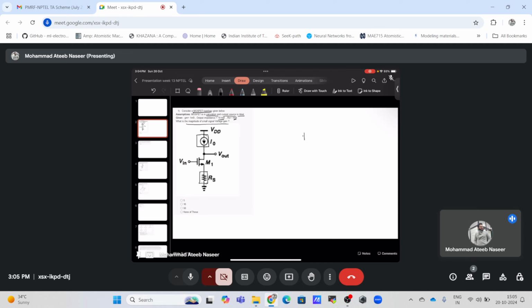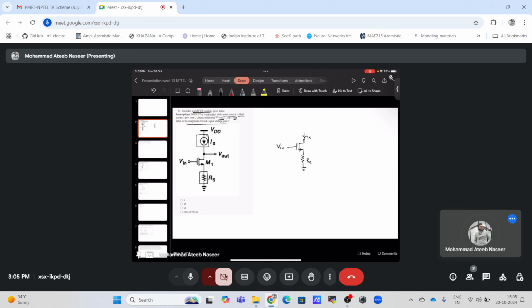Likewise, we replaced the DC voltage source with ground, and similarly the current source is replaced by an open circuit. There is this source resistance RS which is attached to the source side of this N-type MOSFET.